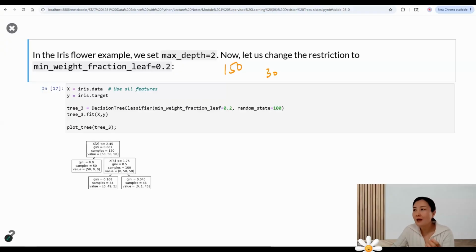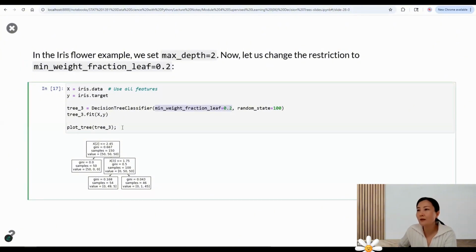So each leaf must have at least 30 samples. So this is a restriction. If we apply that hyperparameter value, I call it tree 3, and fit it and plot it, we actually get the same result. Although we didn't restrict the depth of the tree, we still get the same tree. It's kind of like a coincidence.